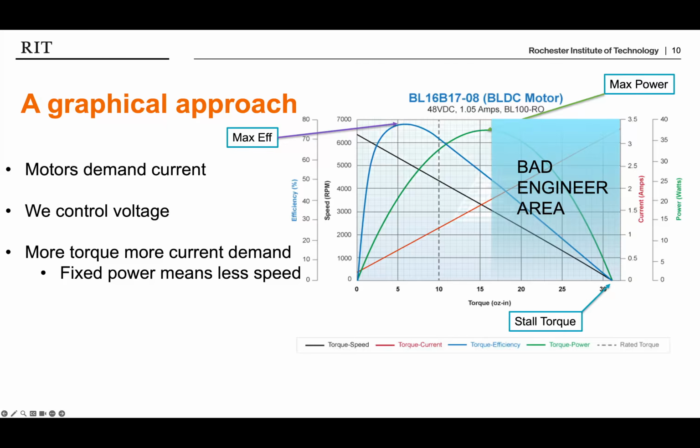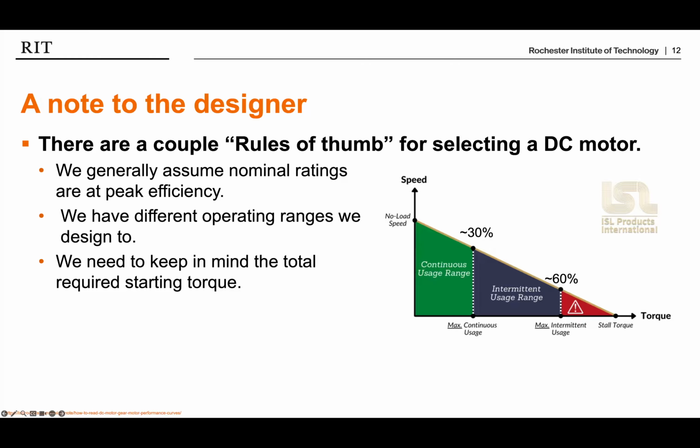So again, this rule of thumb is just trying to say, listen, I'm okay being in this region intermittently, especially if this is where my max power lives, but on day-to-day usage, I really want to live over here near efficiency. Now, it's also saying that I don't ever really want to use more than 60% of a motor's rated torque. I can, but it's really bad for the motor's long-term operating.